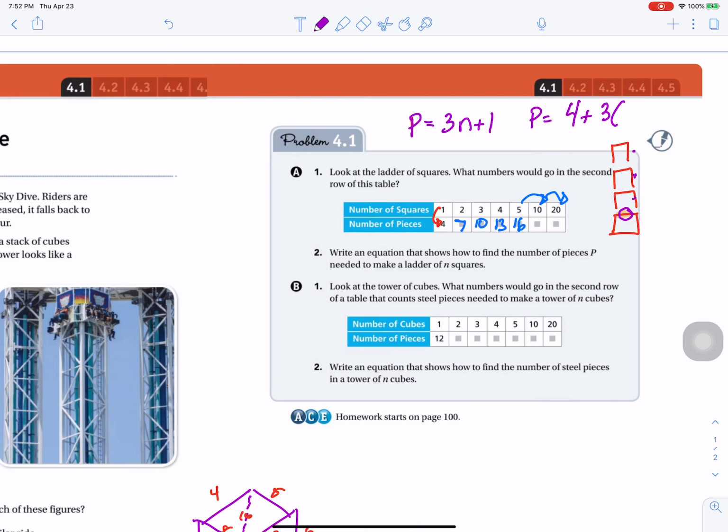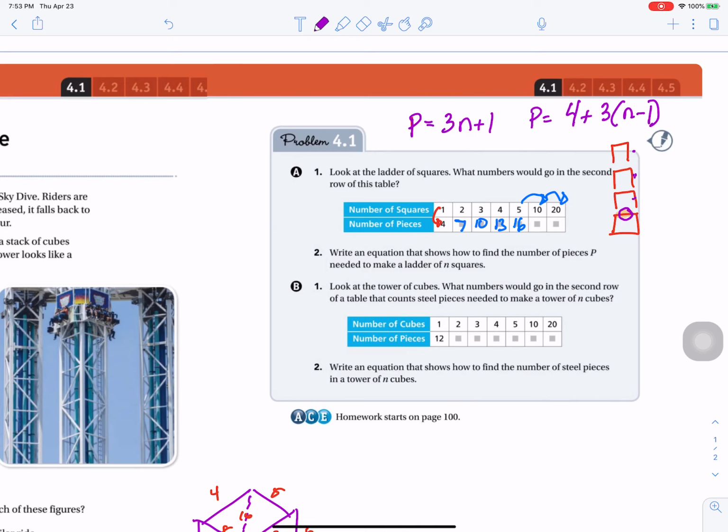Now, the first square is not really new. So we could take that one out by saying, okay, well, it's 3 times the amount of squares minus 1. So the first square is the first square, 1 minus 1 is 0. So it's really p equals 4 for the first square, which is what it is.